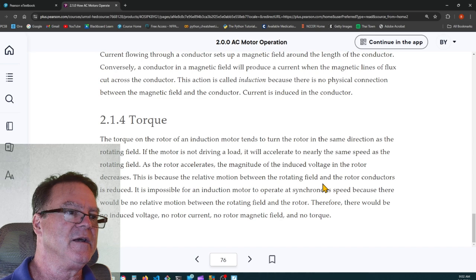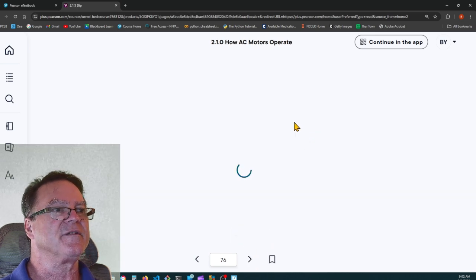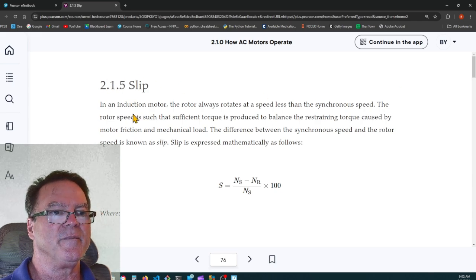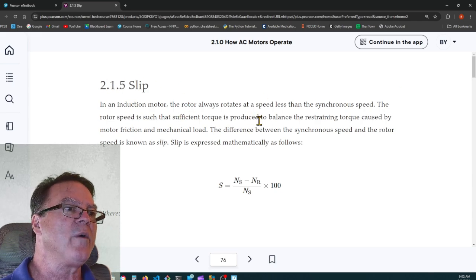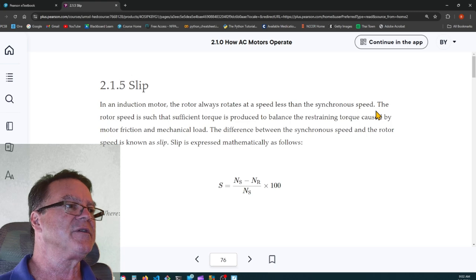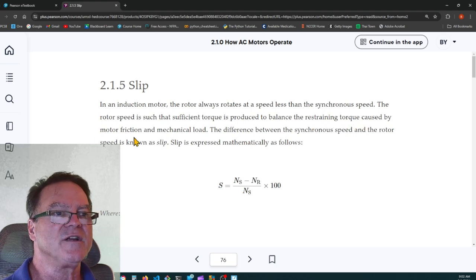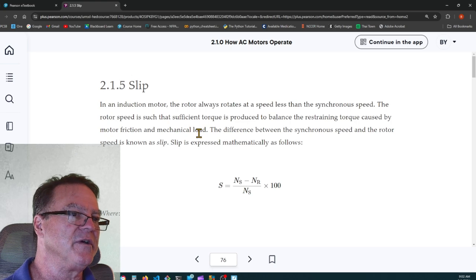So let's go on, because I think they're going to start talking about, oh, look at that. You kidding me? Slip. In an induction motor, the rotor always rotates at a speed less than the synchronous speed. The rotor speed is such that sufficient torque is produced to balance the restraining torque caused by the motor friction and mechanical load. The difference between the synchronous speed and the rotor speed is known as slip.